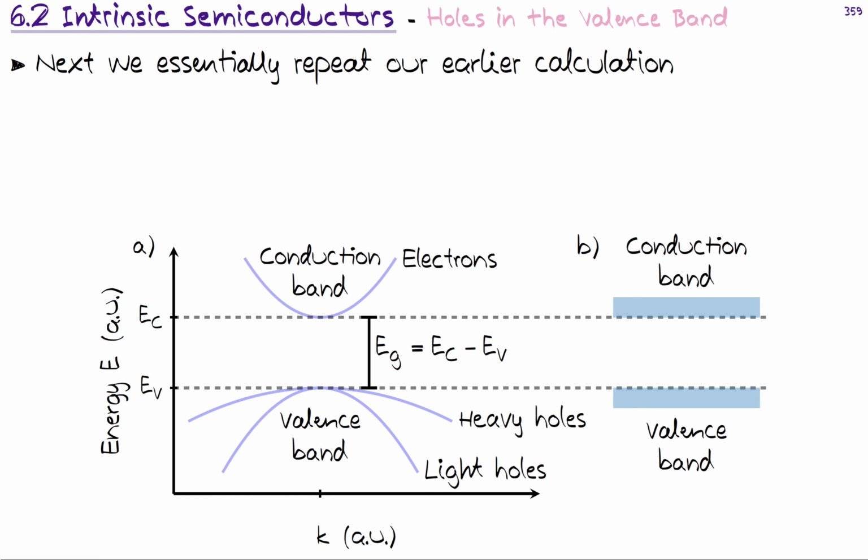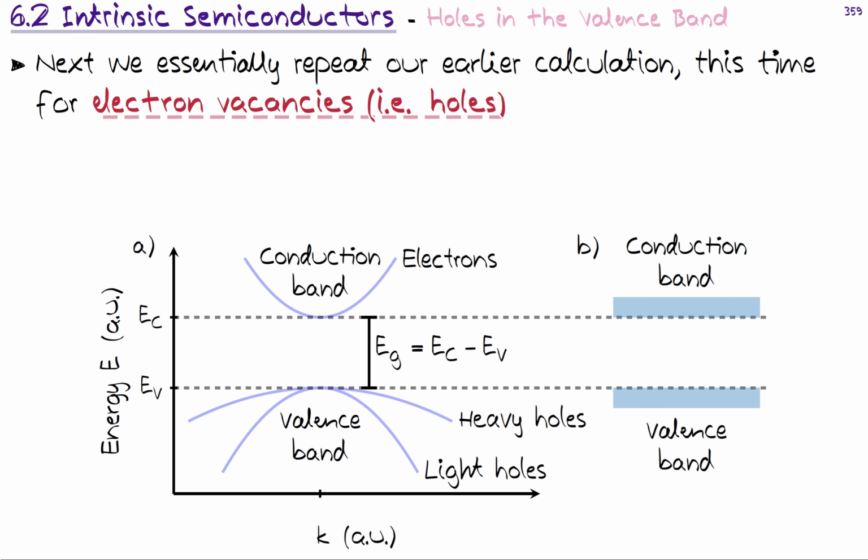So we will repeat the earlier calculation, but now we do it for an electron vacancy, and these are also known as holes. And these reside in the valence band, so not in the conduction band, but rather in the valence band.